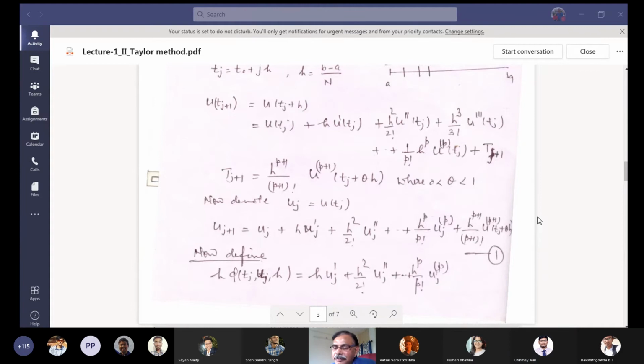Is this clear or not? Everything I have told, you can compare with the exact solution that I have already told, that is 1 upon 1 plus x square. u1 will be 1 upon 1.04.